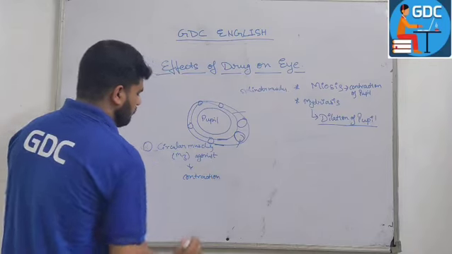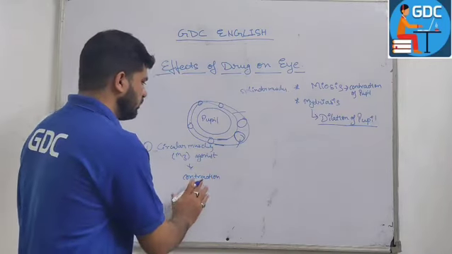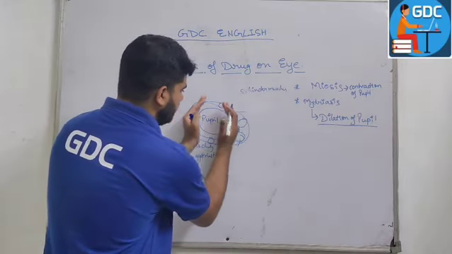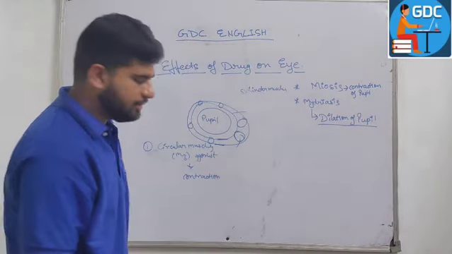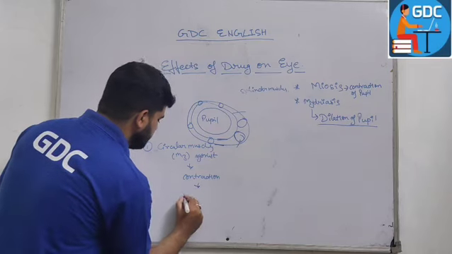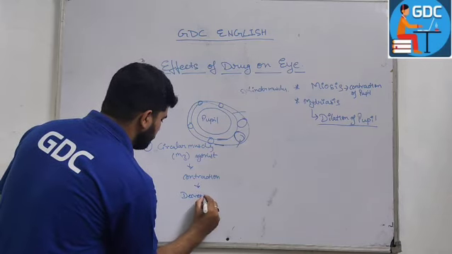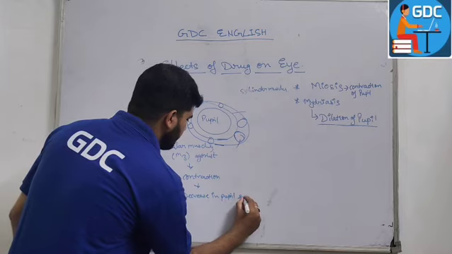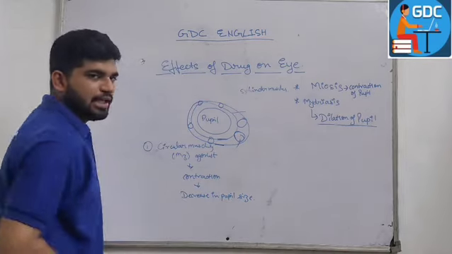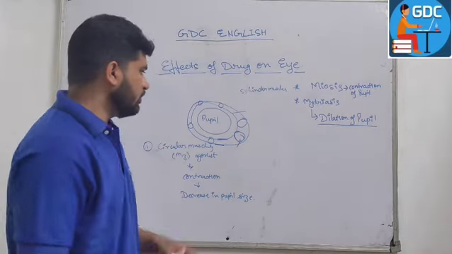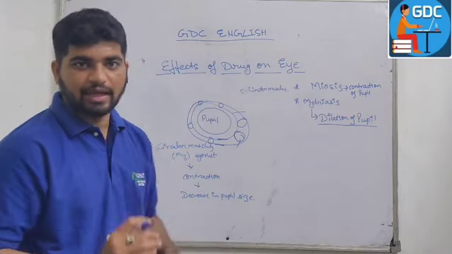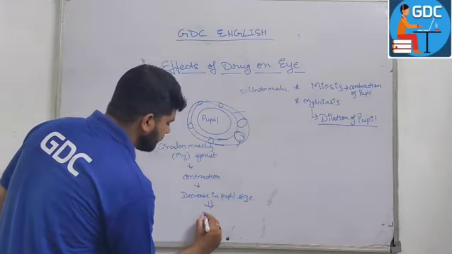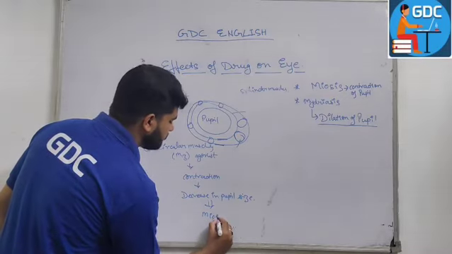Now this contraction will lead towards what? This contraction will lead towards a decrease in pupil size. So what is actually happening here? When your pupil gets contracted, having decreased size, that term is known as miosis.